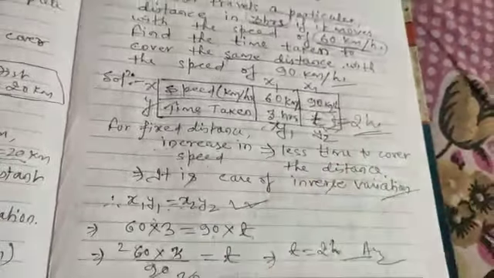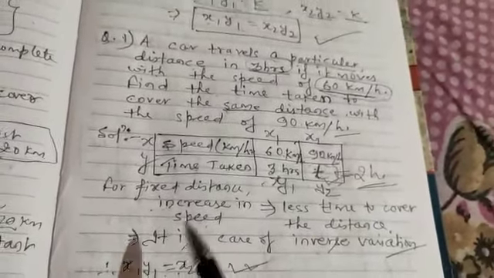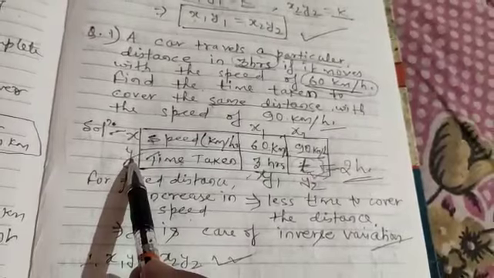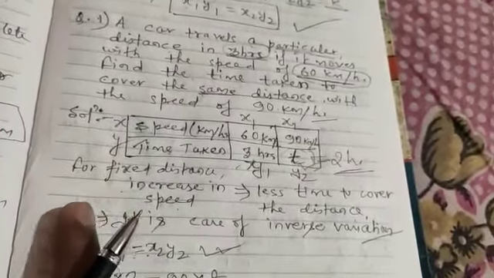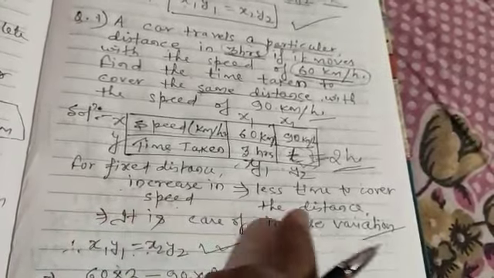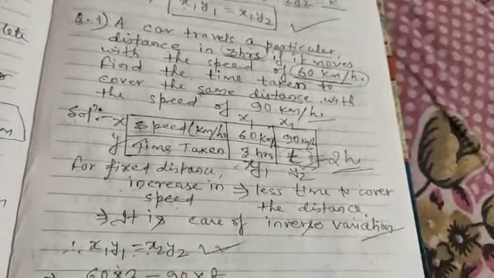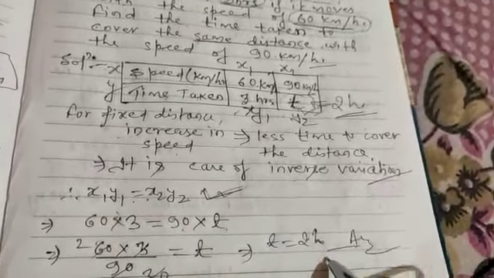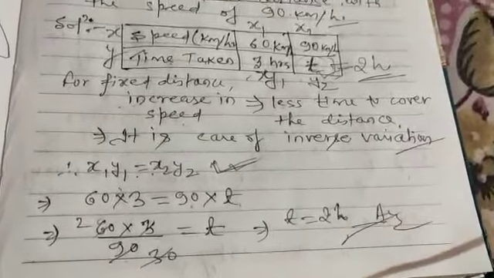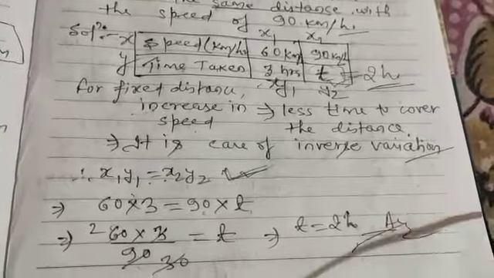In such a way, first of all you try to make a chart of the two quantities, then analyze whether they are in direct or inverse variation, and according to that use the relation and try to solve them. You will get your required answer.